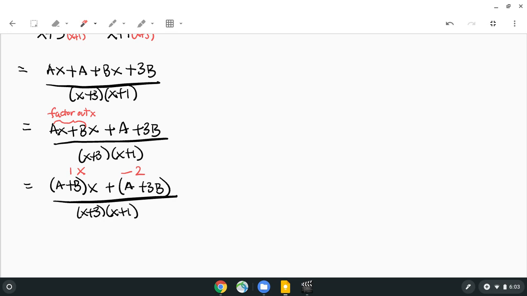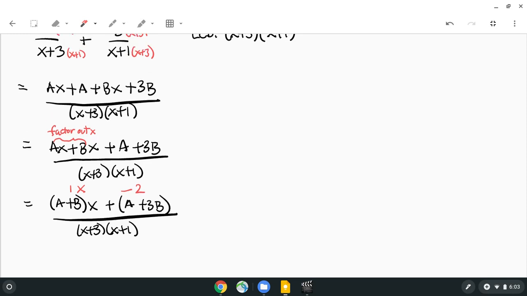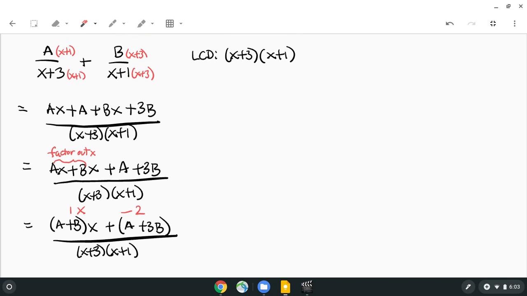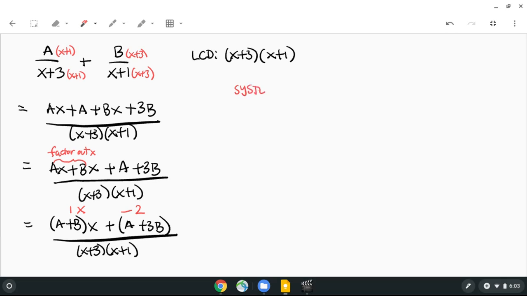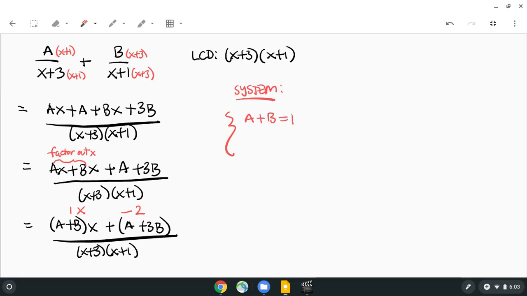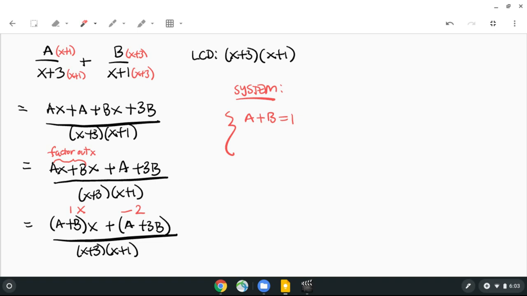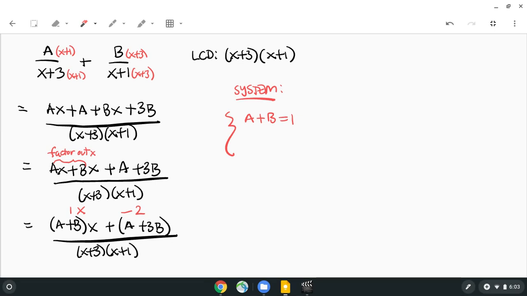A plus b should equal 1, and a plus 3b should equal negative 2. Okay, so let's set up our system. A plus b equals 1, and a plus 3b equals negative 2.